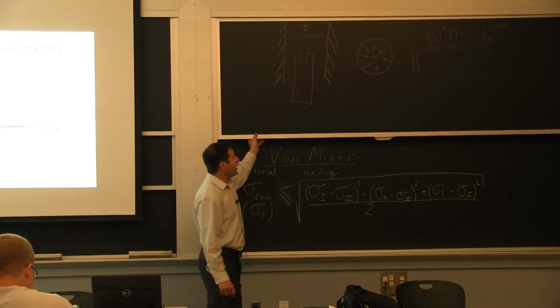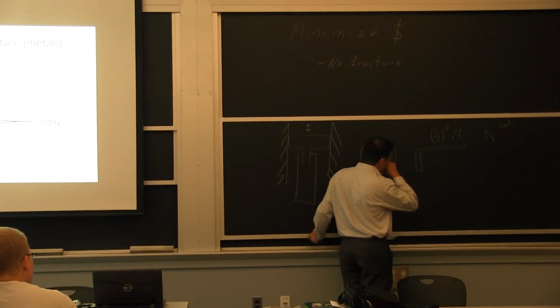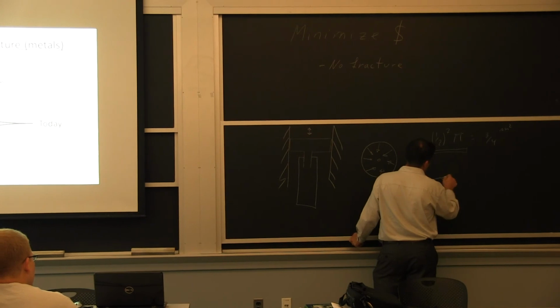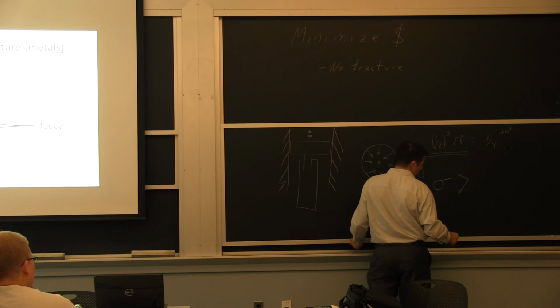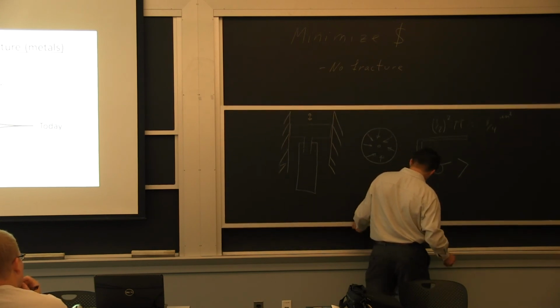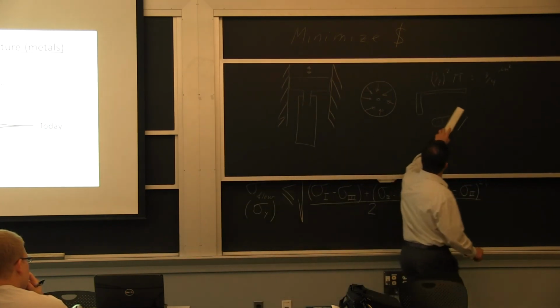Whether we're going to break, that's the Griffith criterion here. So I can essentially say if my stress is greater, so I'm putting it, which way should I do this one? To be consistent, let's do it the other way.